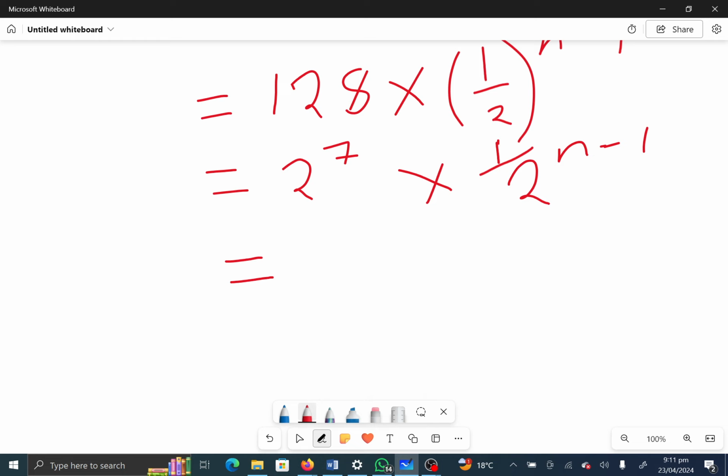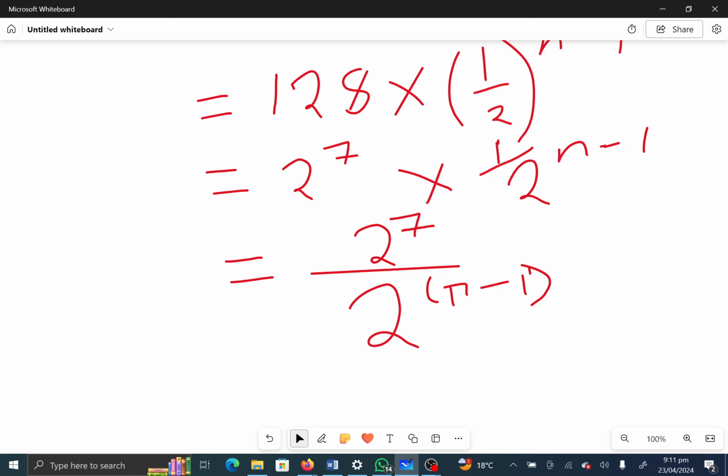So because we have common bases, this can be written as 2, the common base, then 2 to the power 7 over 2 to the power n minus 1.